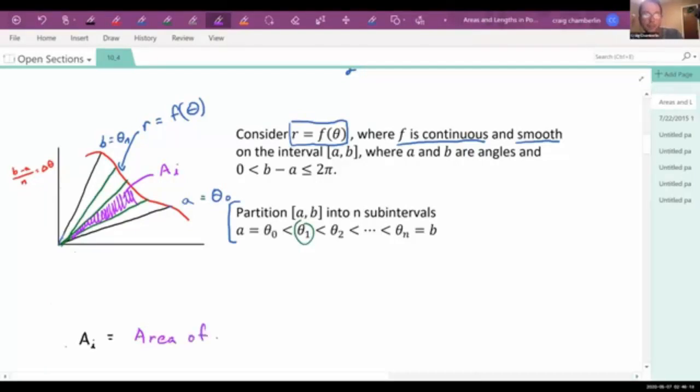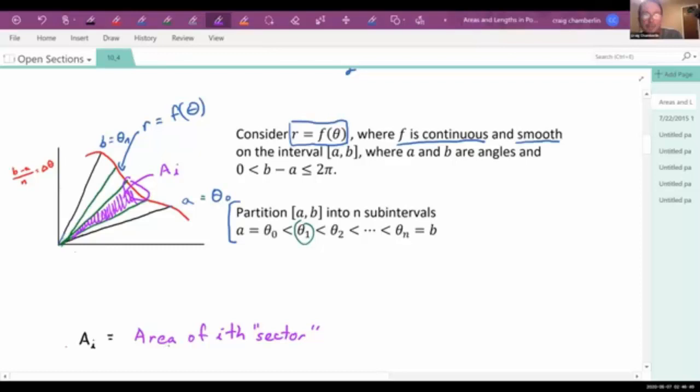And I'll put sector in quotes because it's not quite a circular sector, is it? Even though the smaller you make your delta theta values, in other words, the more partitions you make, the closer this will be to the crust on a pie, circular. That's the idea, as long as you have a nice smooth curve.